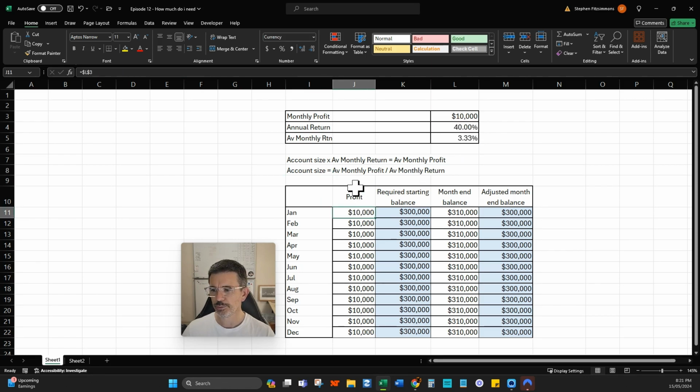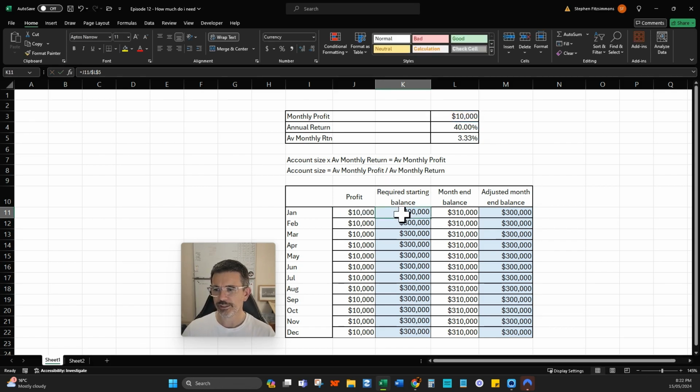So as soon as you put those numbers in, this first cell is just equal to your $10,000 profit. And these little dollar signs around the letter just keep Excel looking in that cell for the calculation purposes. As you drag formulas down, that becomes important to know, okay?